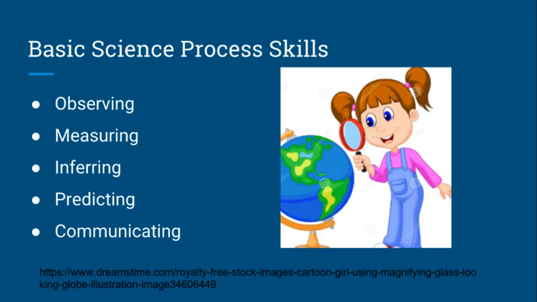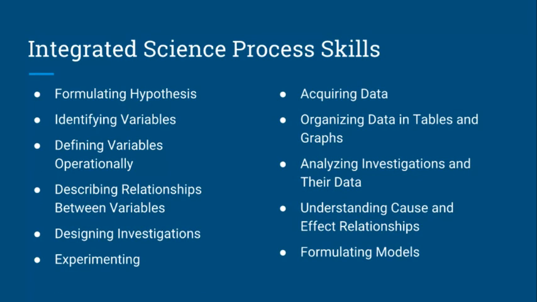But we want to go a little bit further because actual science looks more at the integrated process skills, and the integrated process skills are these skills that are beyond the basic.